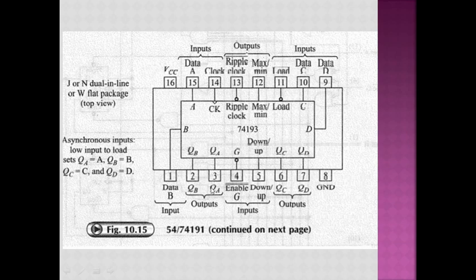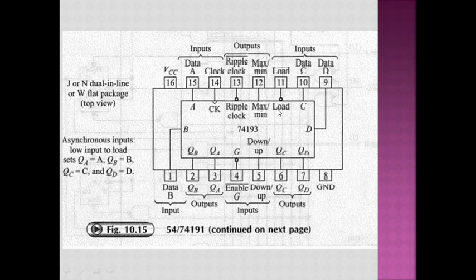Pin number 3 is QA, pin number 2 is QB, pin number 6 is QC and pin number 7 is QD. These are the outputs. QA is the LSB and QD is the MSB, so you can write QD, QC, QB and QA.